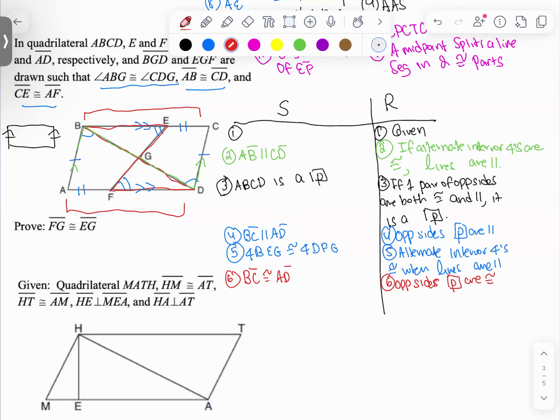And now, similar to what we did in the last example, if we start with BC and we subtract off EC, we'll be left over with BE, which is a side of one of the triangles that we're interested in.